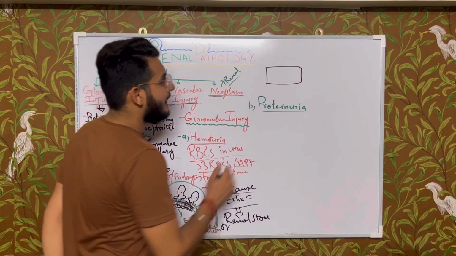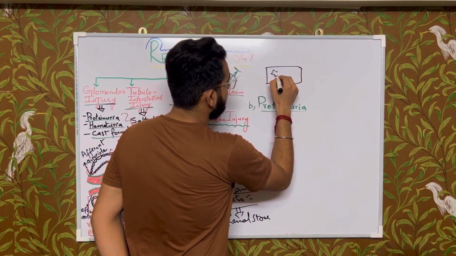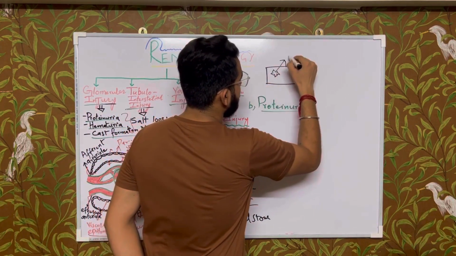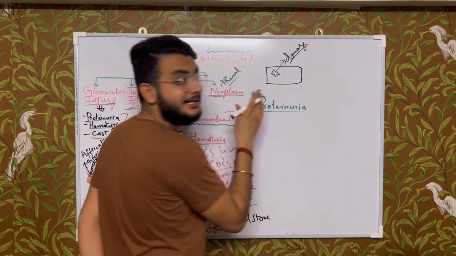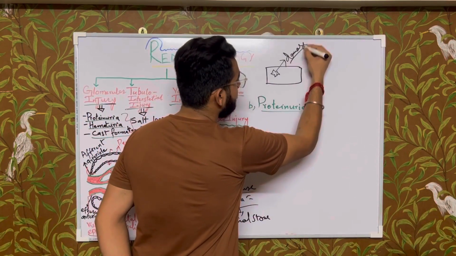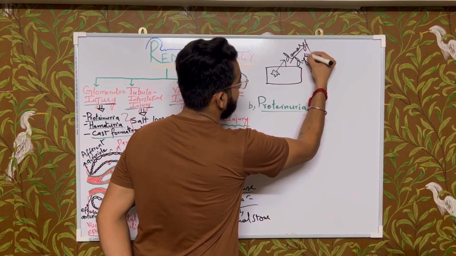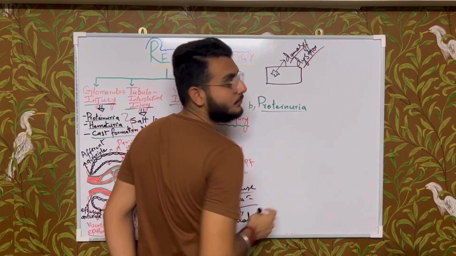You will see that the RBCs present in this smear will be damaged, or dysmorphic, the appropriate word we use for it.